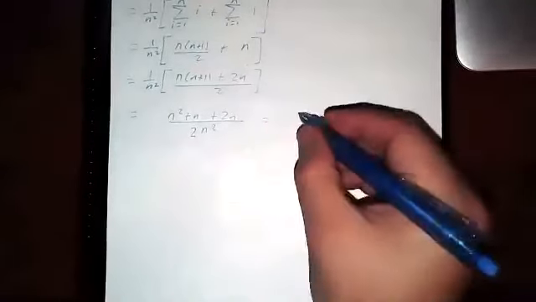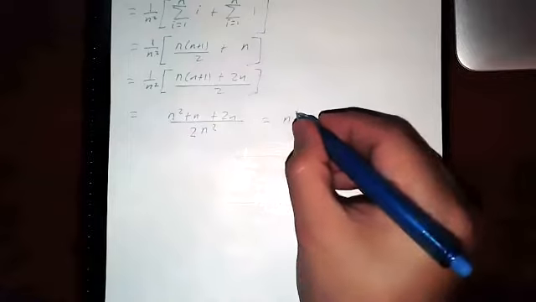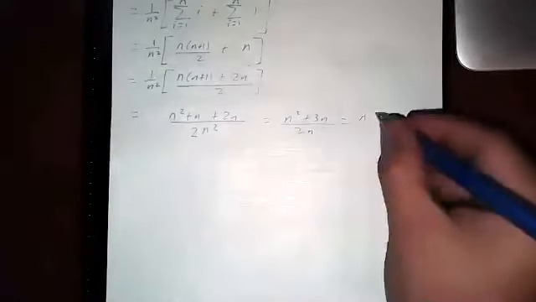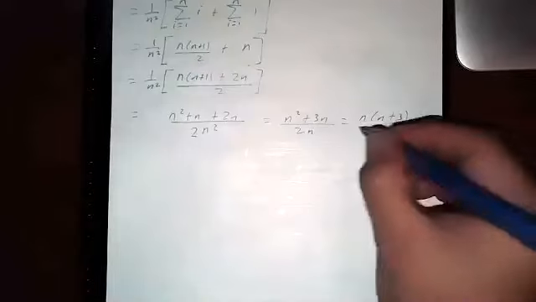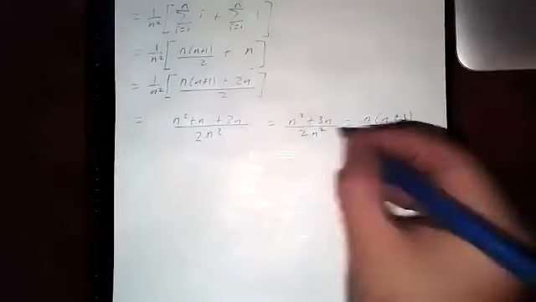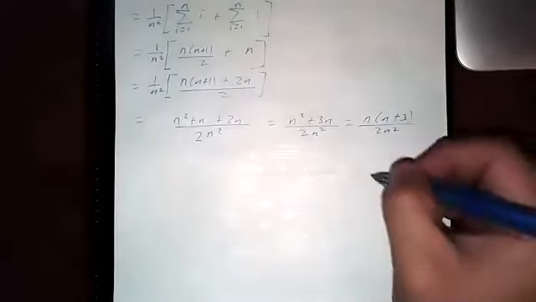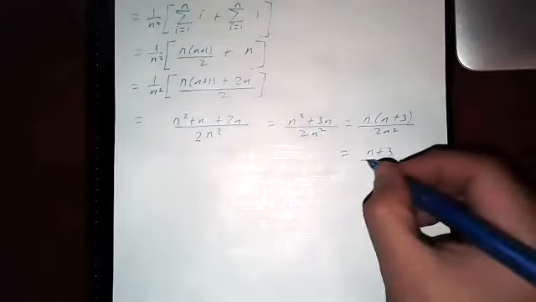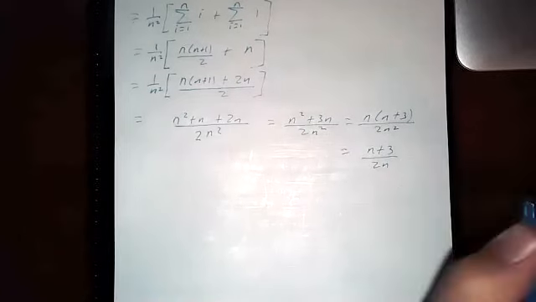Forgot my 2. But at this point, we're just doing algebra. It doesn't really matter. But do you see the application of the formulas? Yes. Okay. So finally, it would end up as (n plus 3) over 2n, right?